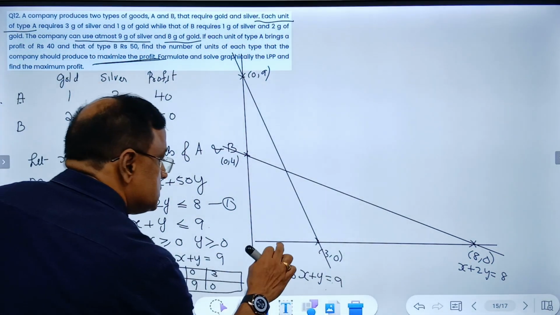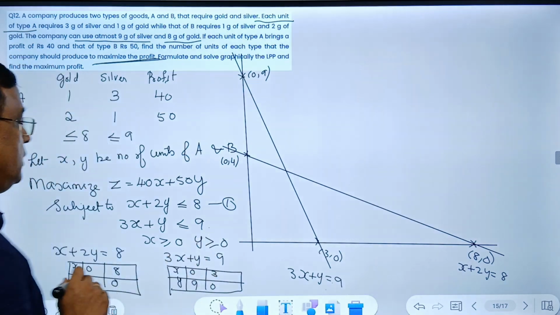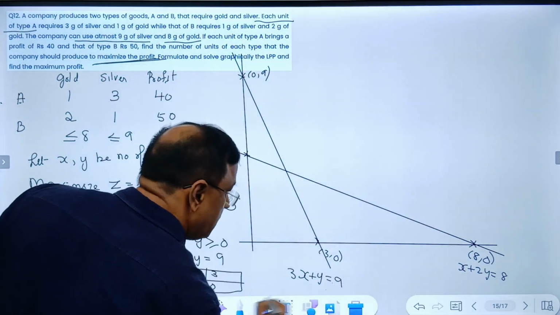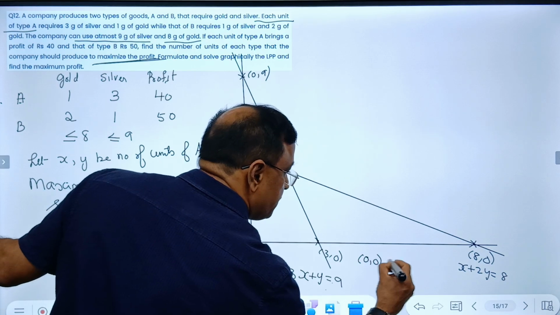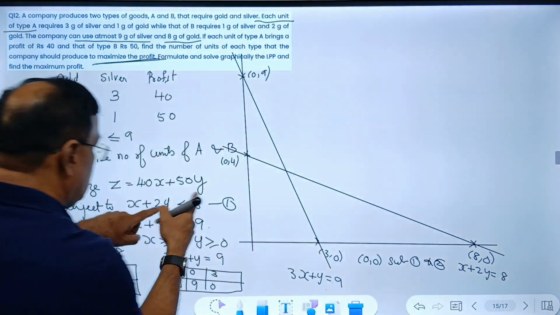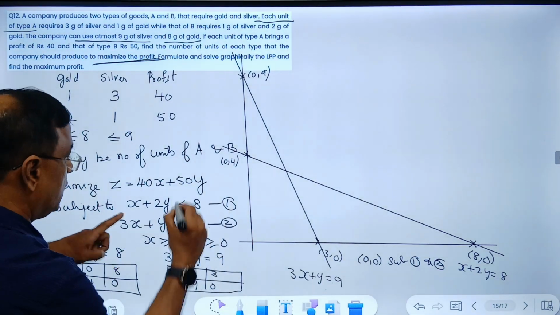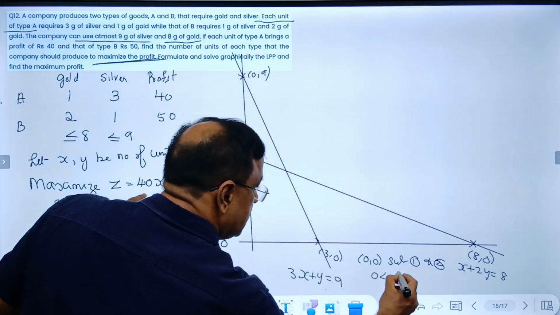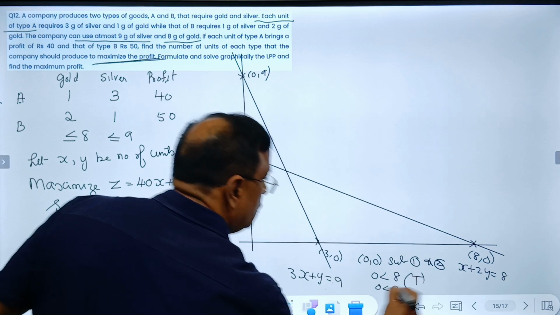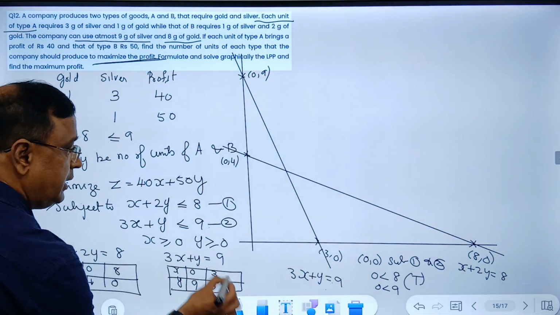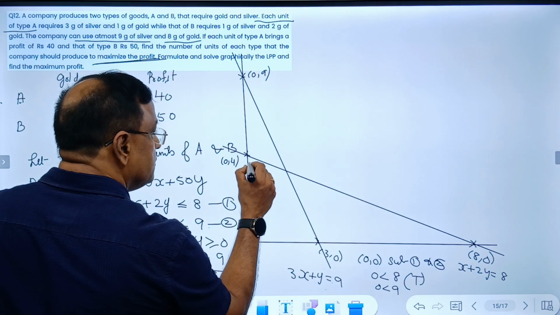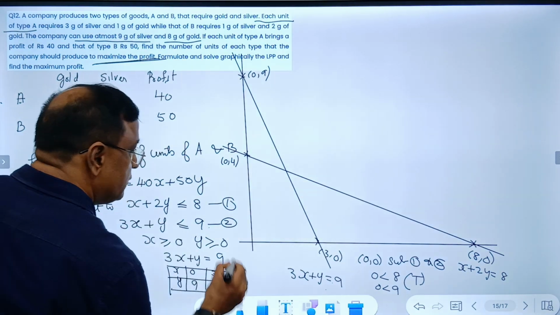Okay, let me just stretch this x-axis a bit. Okay, that's fine. Now, since both are less than constraints, if I substitute 0, 0 in 1 and 2, you get 0 less than 8 and 0 less than 9. Both are true. So it is towards the origin, right? So towards the origin is the feasible region.